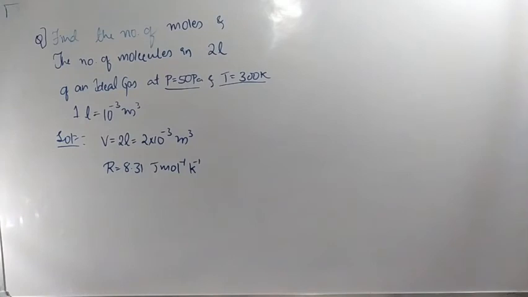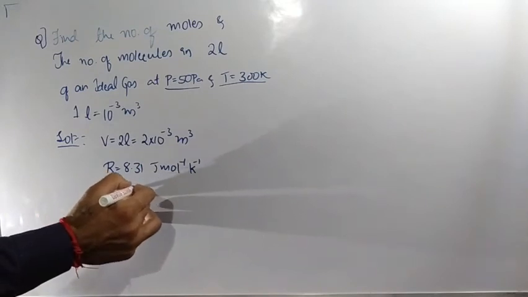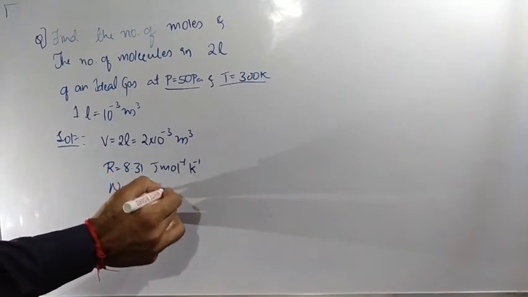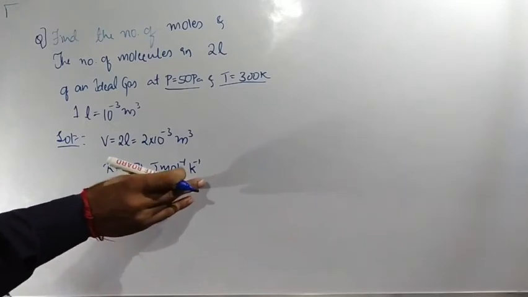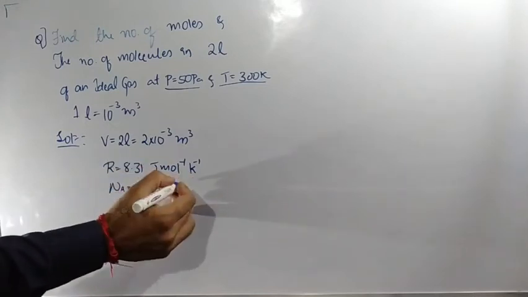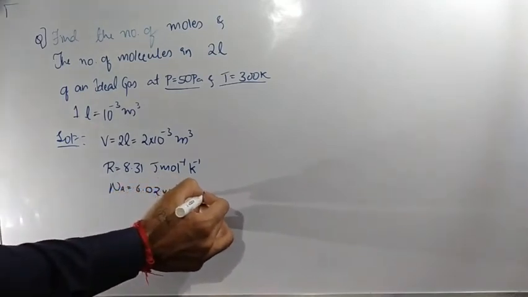Next, Avogadro number. Just now we had written it in our previous problem. Avogadro number is 6.02 into 10 to the power of 23 per mole.